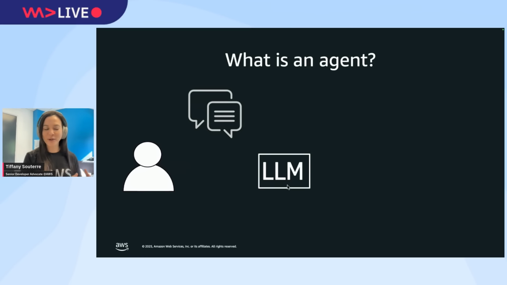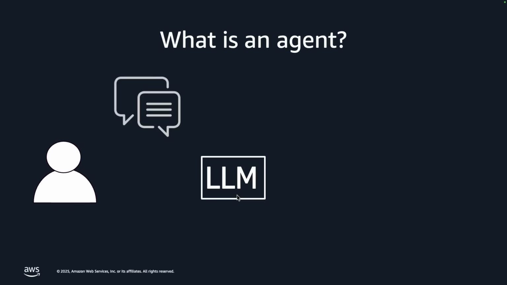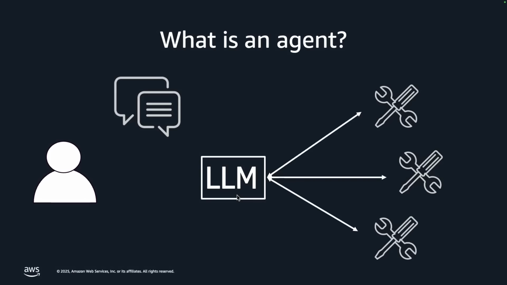You most probably know LLMs, which are large language models, basically AIs that you can talk to. You can think of ChatGPT, but there are a lot of other LLMs that have this capacity of conversing with you. Agents are the step after, which is basically LLMs that have access to tools.